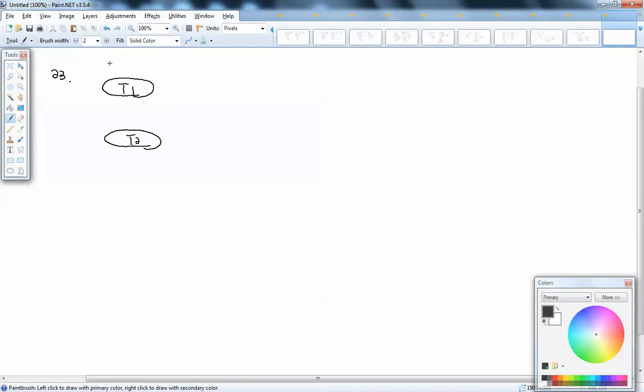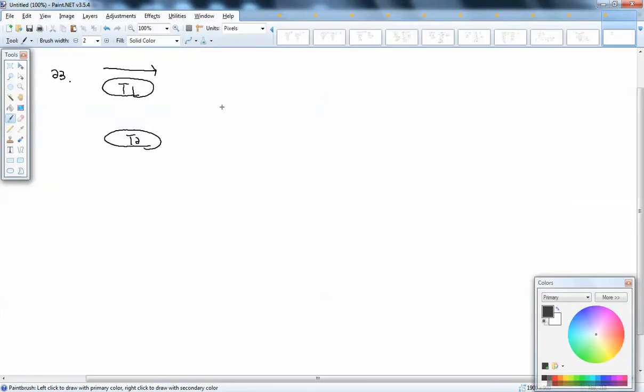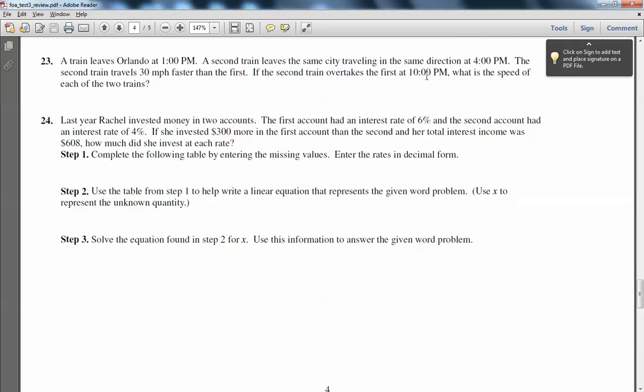Train 1, train 2. They're leaving from the same city, going in the same direction. A train leaves Orlando at 1 p.m. The second train leaves the same city at 4 p.m., so 3 hours later. So if this one's time it's been going is t, then if this one leaves at 1 p.m., this one leaves at 4.